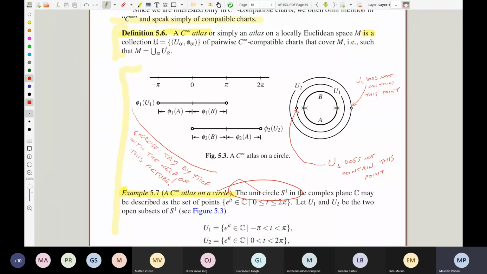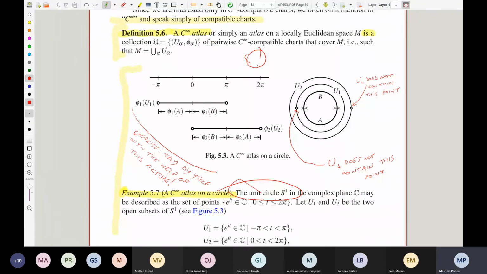We need to find a chart or a system of charts. It's a manifold of dimension 1, so it locally looks like R. Would you say that this circle, this line, locally looks like an open interval? Yes, we just need to formalize this.